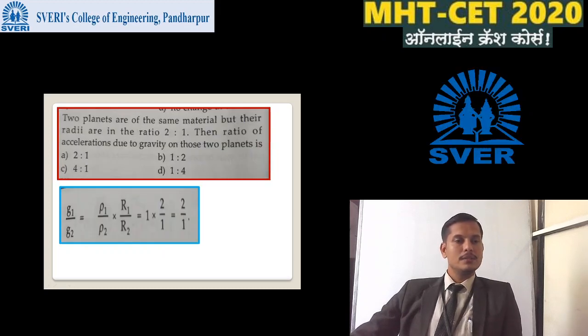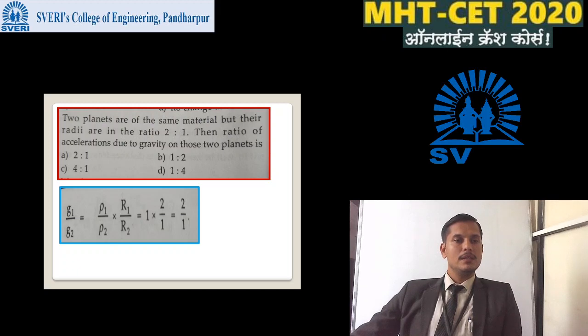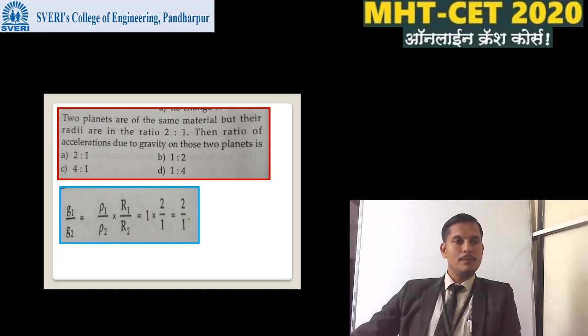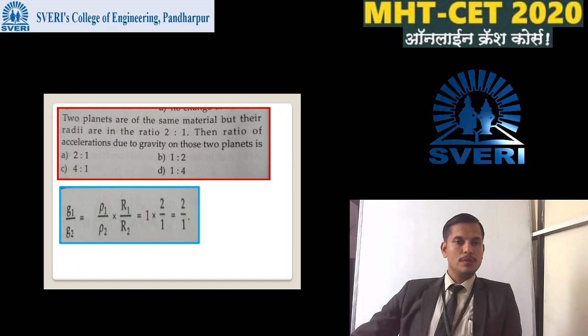Two planets are of the same material, but their radii are in the ratio 2:1. So the material is the same, but the radii are different, in the ratio 2:1. Then the ratio of accelerations due to gravity on those two planets is... We have to determine the ratio of g1 to g2. Considering the density, it is the same.